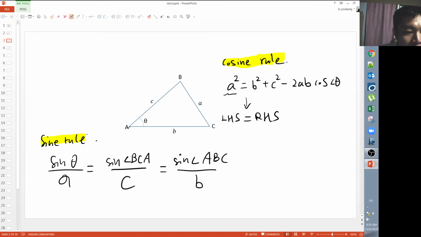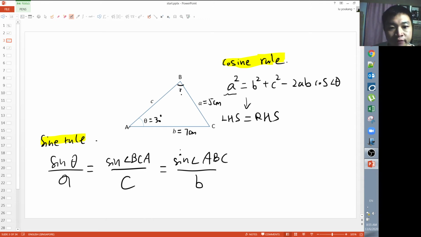Let me illustrate with the sine rule first. Let's say theta is 30 degrees, and your side A is known, which is 5 cm, and this B is also known, which is 7 cm. Now you are asked to find this angle.